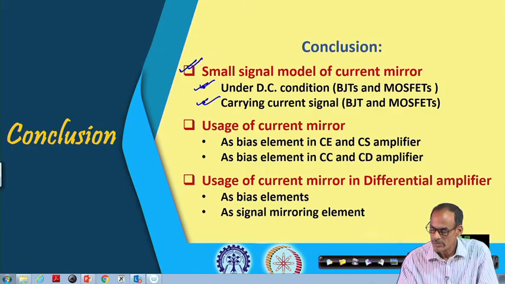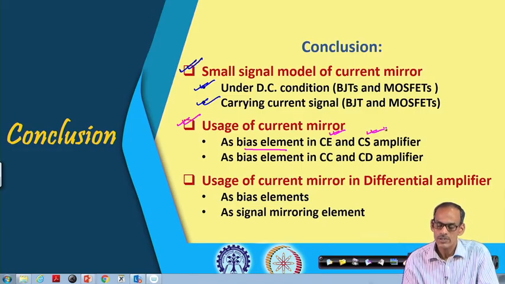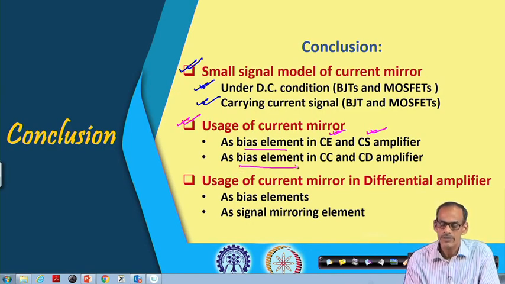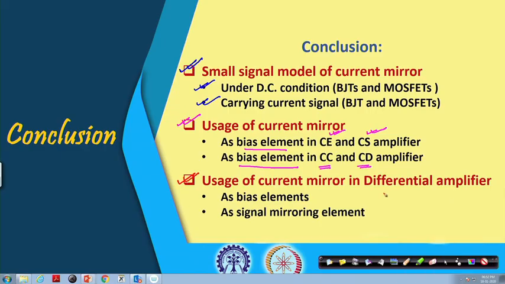And then we talked about usage of current mirror, particularly as bias elements for common emitter amplifier and common source amplifier, particularly for the load part, and we have seen that it enhanced the gain of both the amplifiers. And then we also discussed the usage of current mirror as biasing element for common collector and common drain amplifier. And then finally, we talked about usage of current mirror in differential amplifier, and it has 2 kinds of application.